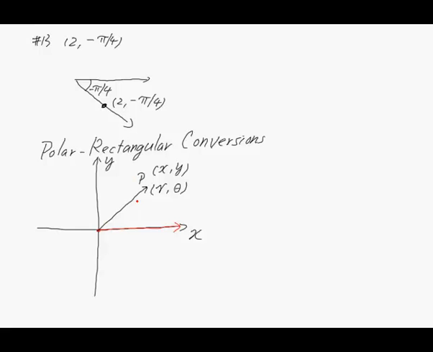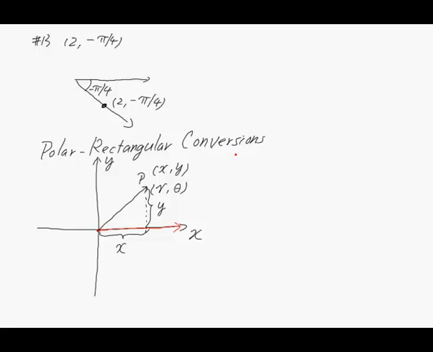So now we can form a right triangle in such a way. So now we know the length of this leg is x, right? And the length of this leg is y. So right now, I first assume this point is in quadrant 1.